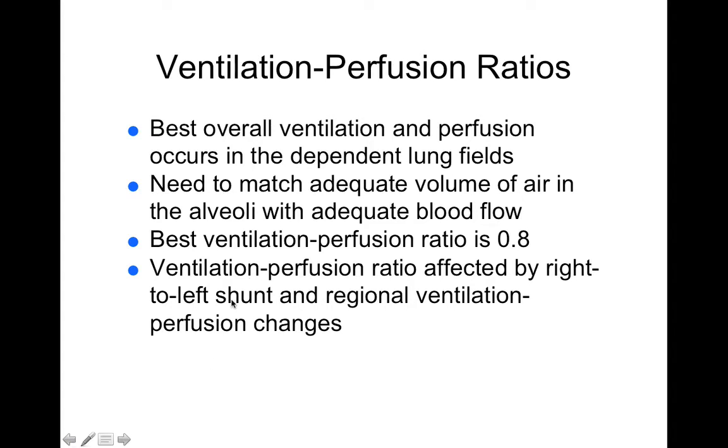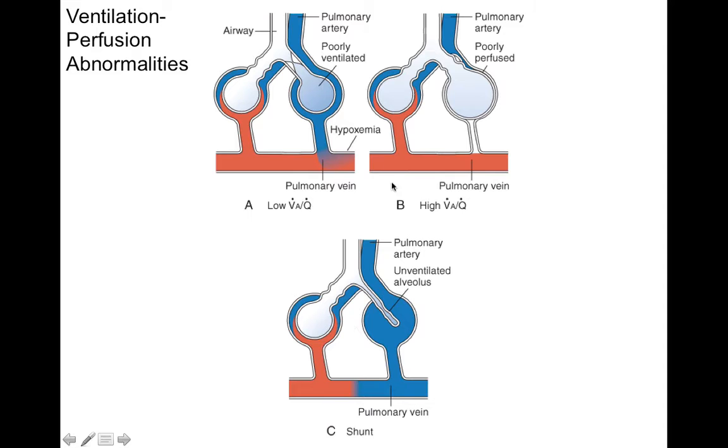Okay, but ventilation perfusion ratios can be affected by shunting as well as local regulation of perfusion changes. What this slide is showing here are just some abnormalities in ventilation and perfusion. So what if a terminal bronchiole were plugged with mucus? That means that this alveolus would be poorly ventilated.